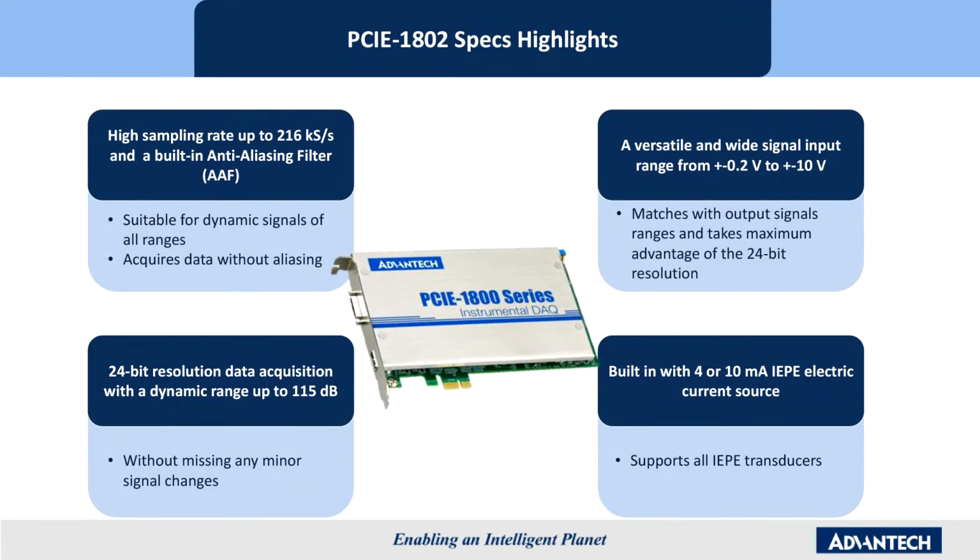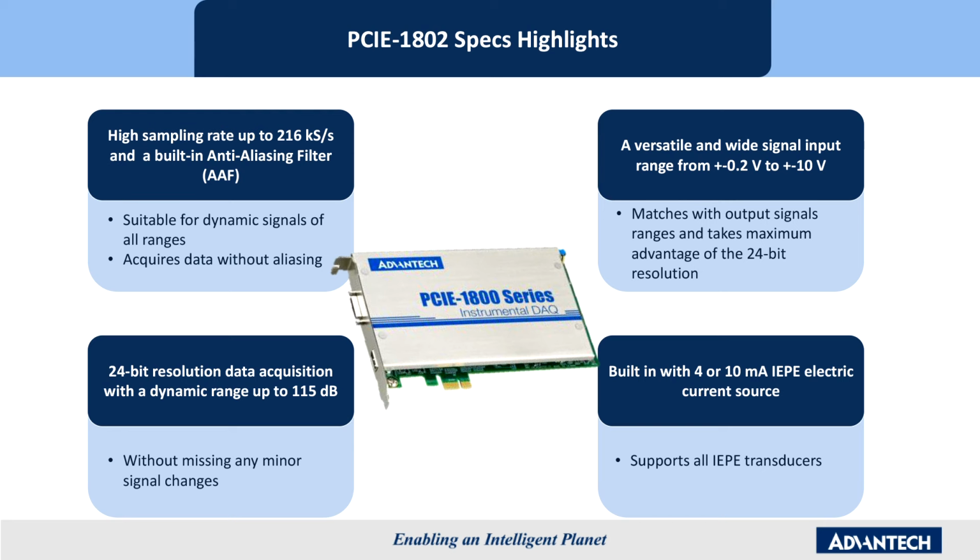First, PCIe-1802 features a high sampling rate of up to 216K, and a built-in anti-aliasing filter to acquire dynamic signals. According to Nyquist's theorem, the sampling rate must be greater than twice the highest frequency component of the input signal, so that it will be able to reconstruct the waveform without distortion or aliasing.